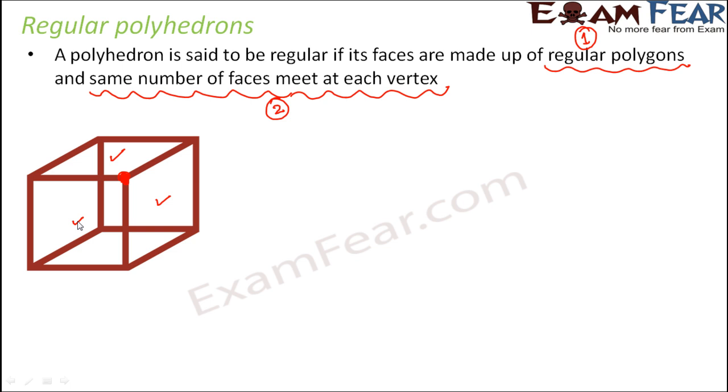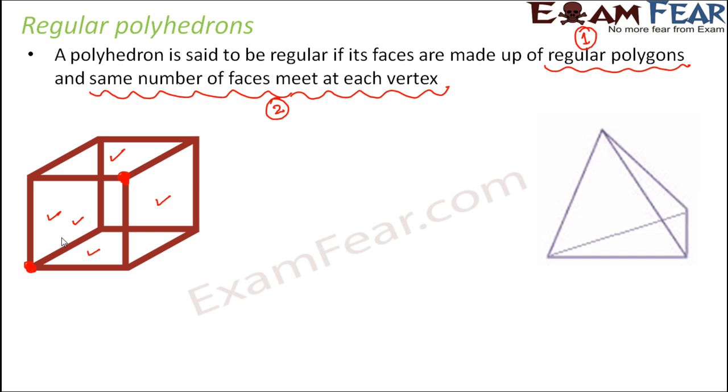So every vertex should be shared by 3 faces. Now take this vertex. This vertex is shared by the side face, the bottom face and the front face. So in this fashion, the second criteria is that in a regular polyhedron, each vertex should be shared by the same number of faces.